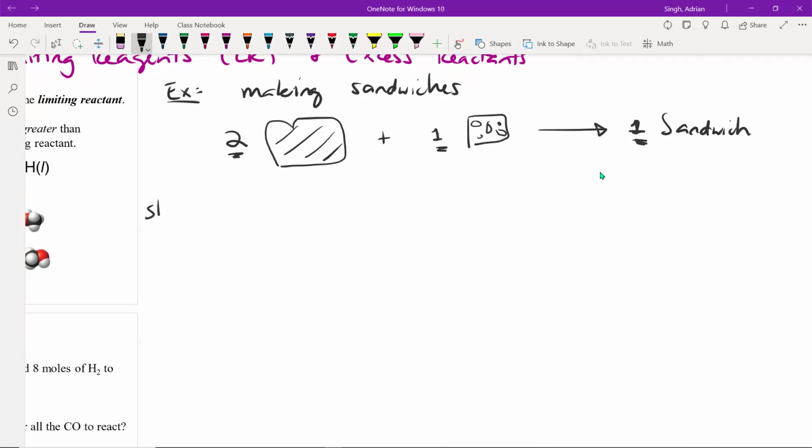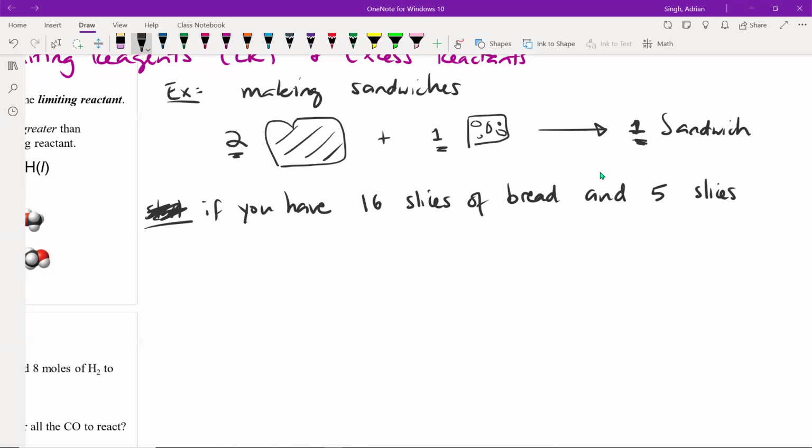So if you have 16 slices of bread and let's say 5 slices of cheese, that's what you find in your kitchen.